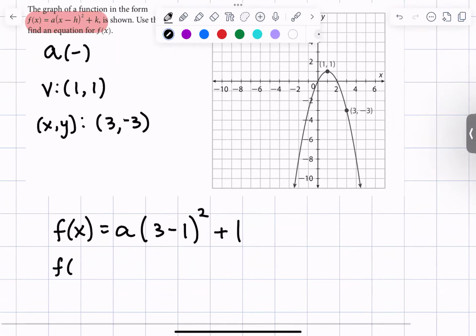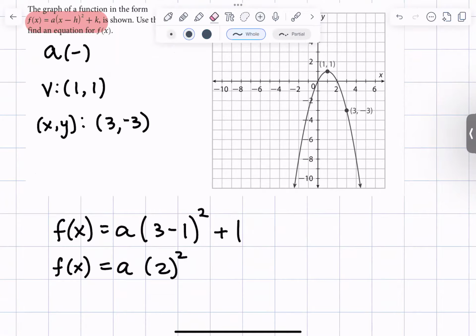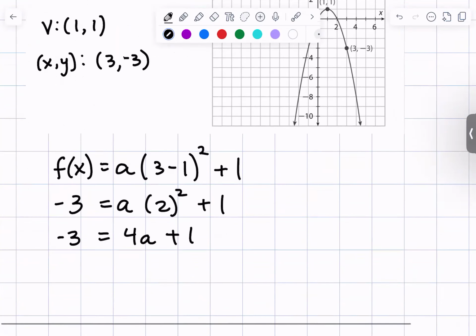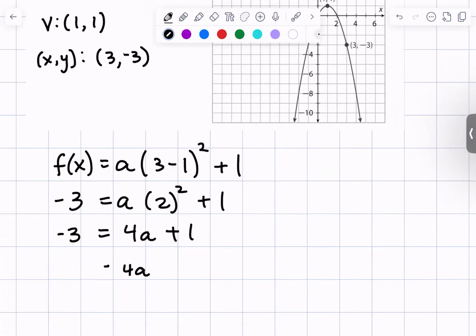So f of x is equal to a times 2 squared. Oh no, I know f of x too. I have that as -3. So that's -3 equals 4a plus 1. So 4a is then equal to -4, and a is equal to -1, right?